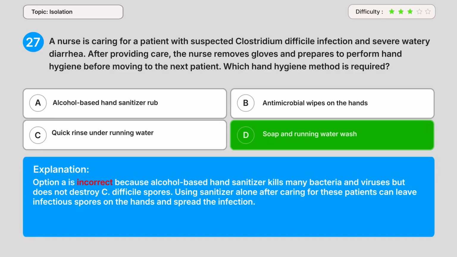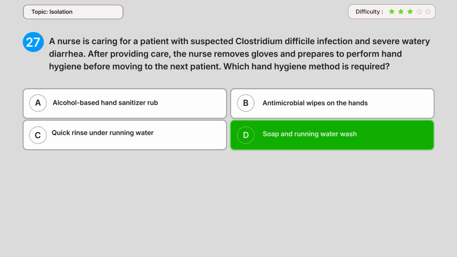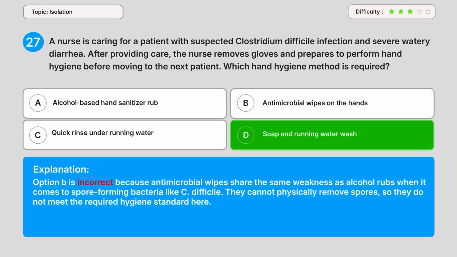Option A is incorrect, because alcohol-based hand sanitizer kills many bacteria and viruses, but does not destroy C. difficile spores. Using sanitizer alone after caring for these patients can leave infectious spores on the hands and spread the infection. Option B is incorrect, because antimicrobial wipes share the same weakness as alcohol rubs when it comes to spore-forming bacteria like C. difficile.